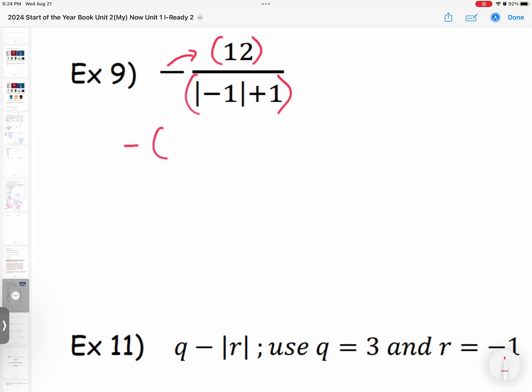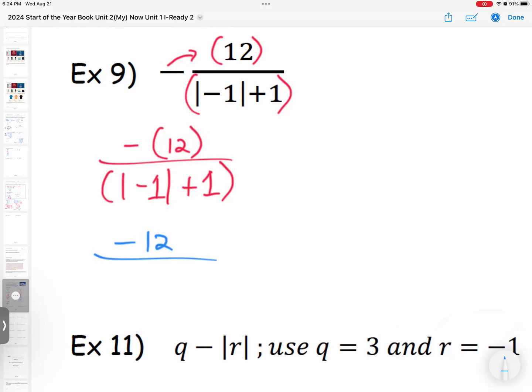So you end up with -12 on the numerator all over the absolute value of -1 plus 1. I didn't really do any math in that red step. I just said, okay, I'm taking my negative, throwing it on top. Now, in the numerator, I have -12, so I just end up with -12 on top. On the bottom, I have the absolute value of this -1, and that comes out to be regular +1 plus 1 in the denominator.